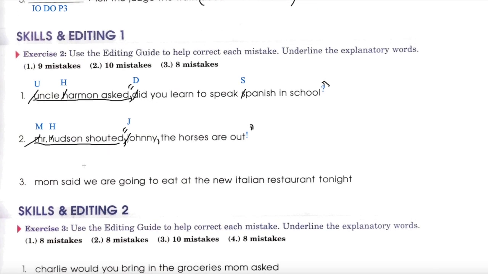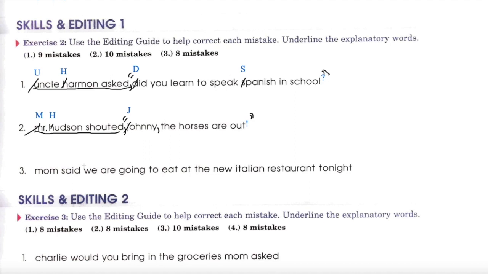All right, number 3: Mom said we are going to eat at the new Italian restaurant tonight. Follow our steps. Capitalize the first word. Underline the explanatory words. Put a comma after the explanatory words. Put in your quotation marks.